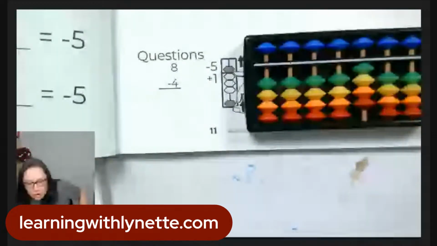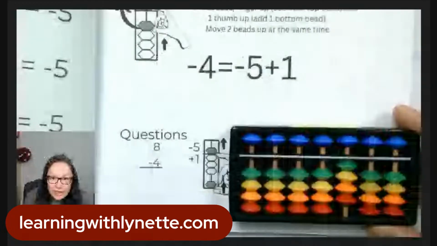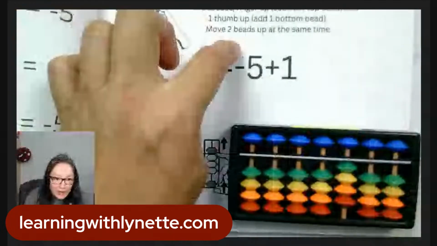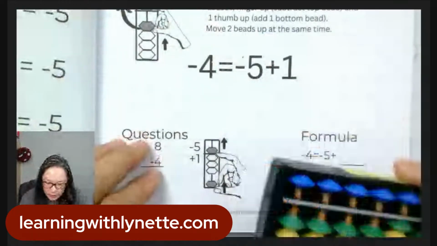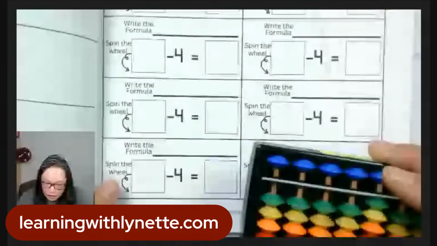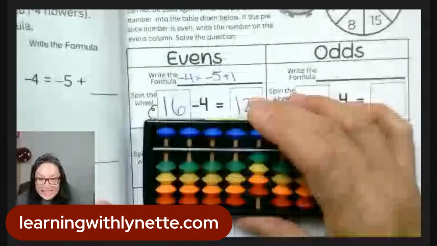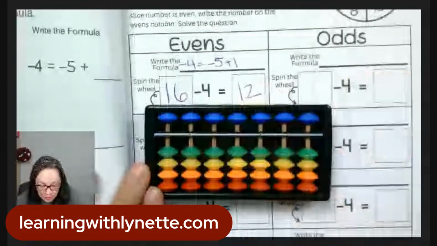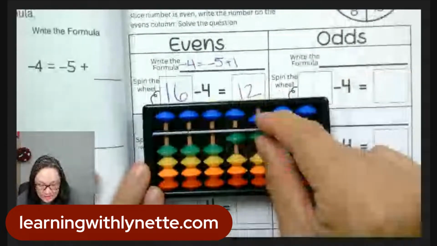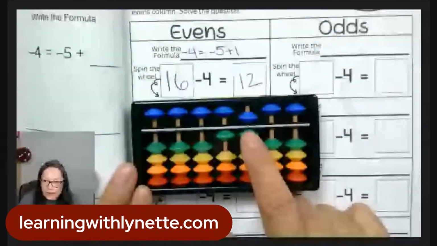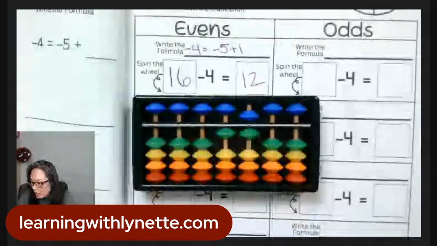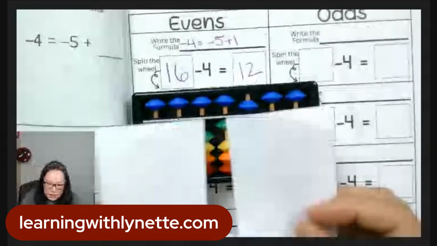So what are we doing? We are now subtracting. Minus the 4 equals minus the 5 plus the 1. We can do it again. Here is the question: 16. Show me 16 on your abacus, 1 and 6. When I minus the 4, can I take away the 4 in this column?